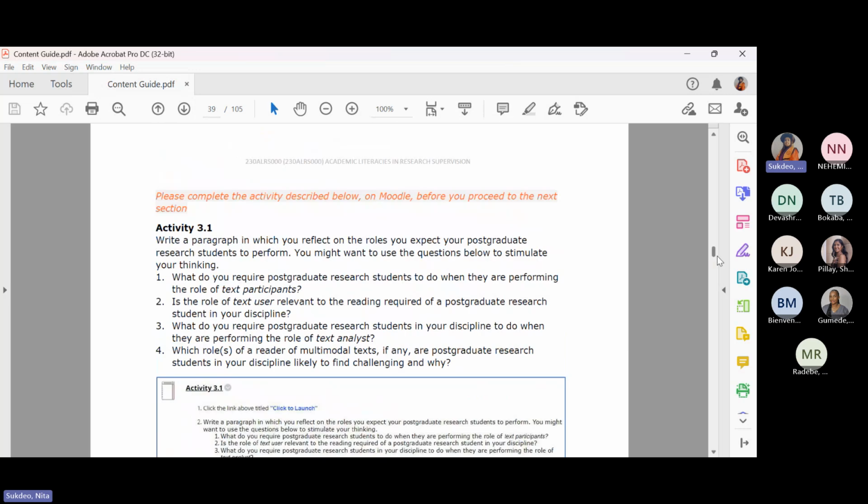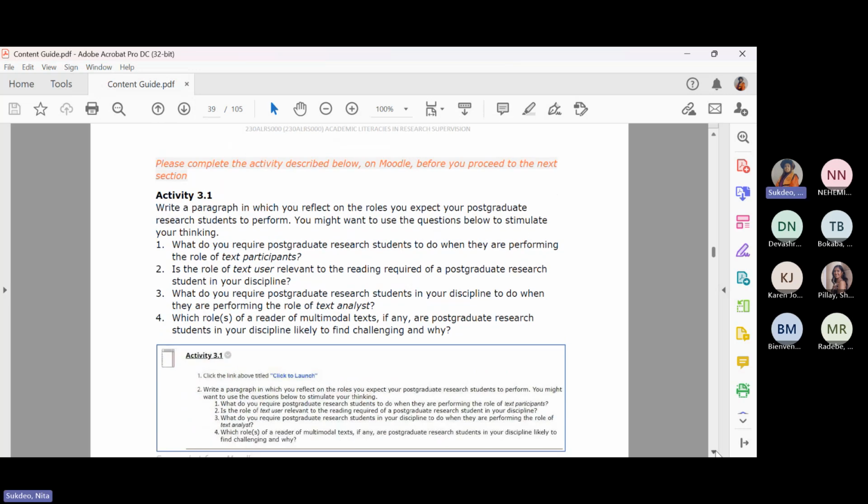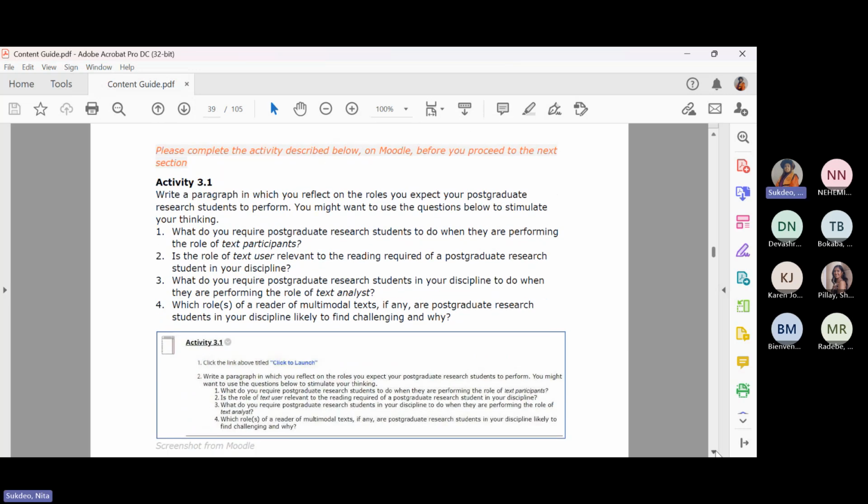Go up to 3.1: write a paragraph in which you reflect on the roles you expect your postgraduate students to perform. You might want to use the questions below to stimulate your thinking. So remember, a lot of this is reflective writing, because it's reflecting on your own practices, what you are currently doing, or what you want to do as a supervisor in the future.